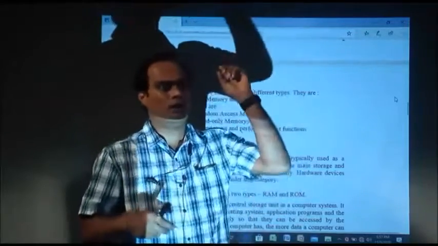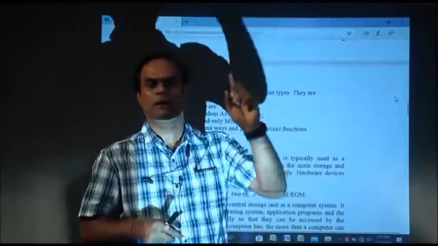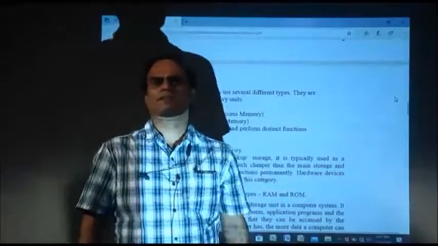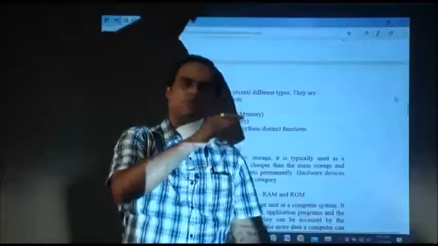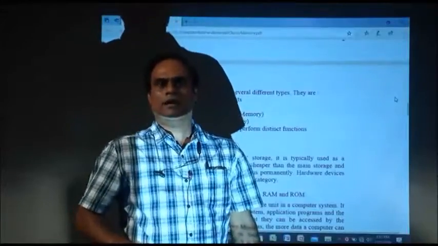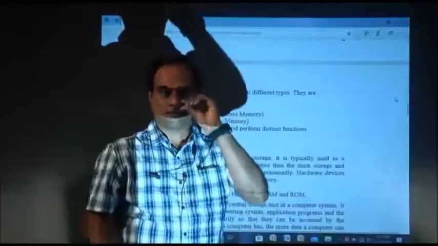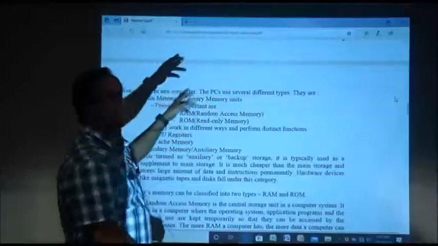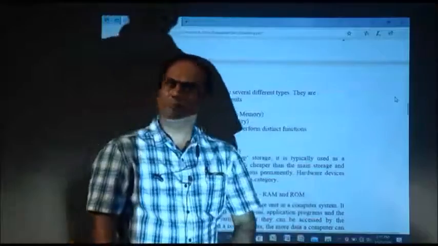Also, whatever operating system you are using, Microsoft Windows 10, Windows 7, XP, that is also stored in the main memory. After that, you are getting the desktop, yes or no. That is why main memory is very important for the computer.